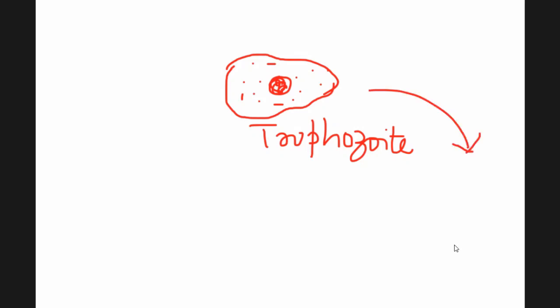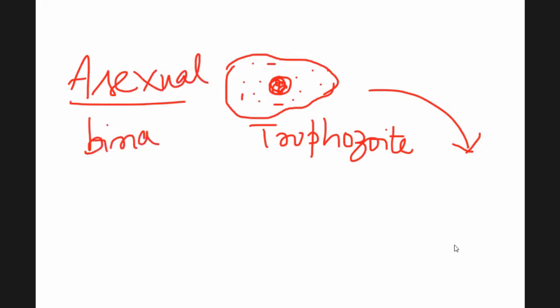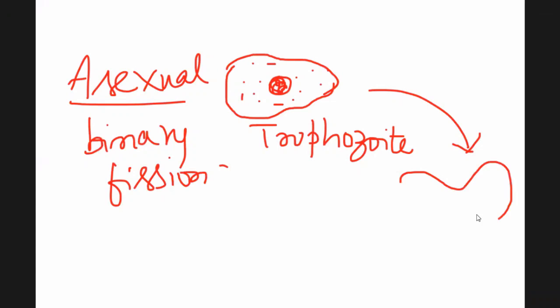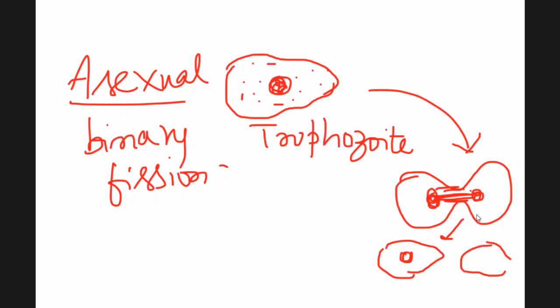So there is no sexual reproduction. It can reproduce asexually by binary fission. Binary fission means it divides by mitosis into two daughter cells. Nucleus and cytoplasm divide by mitosis and two daughter individuals are formed.